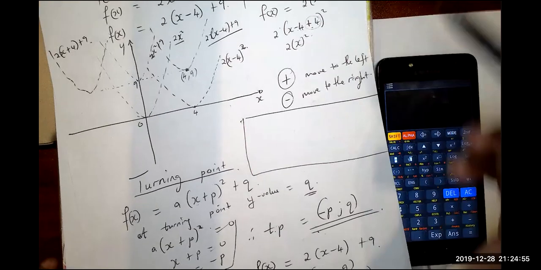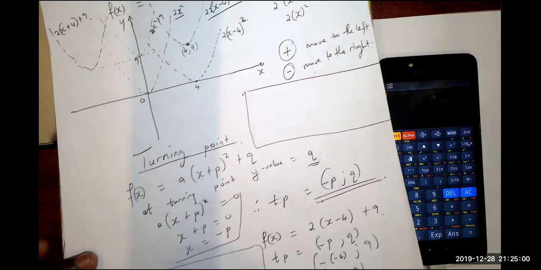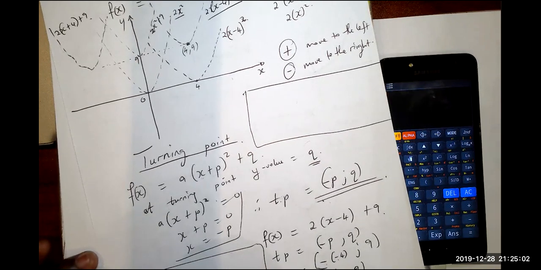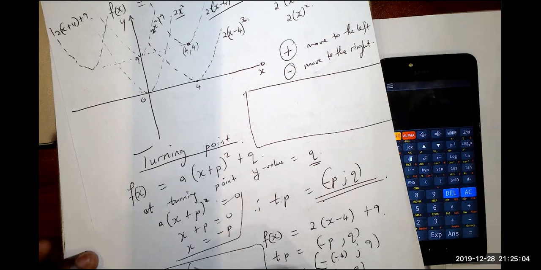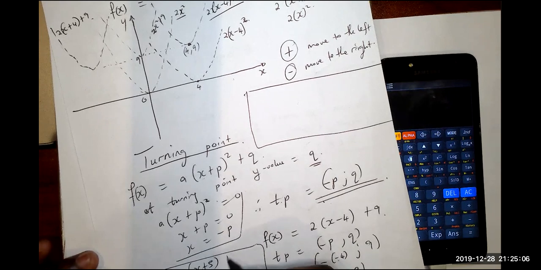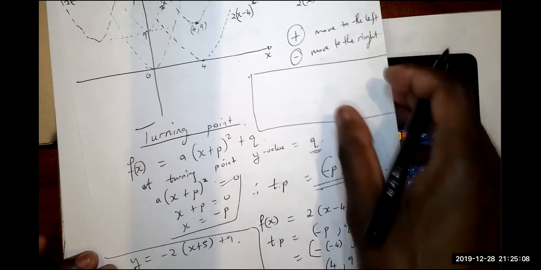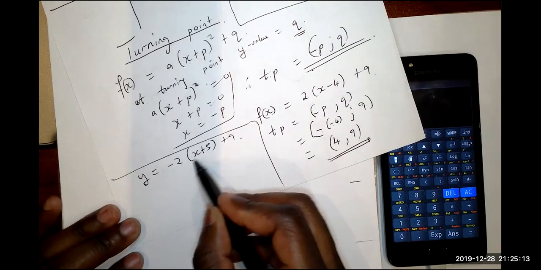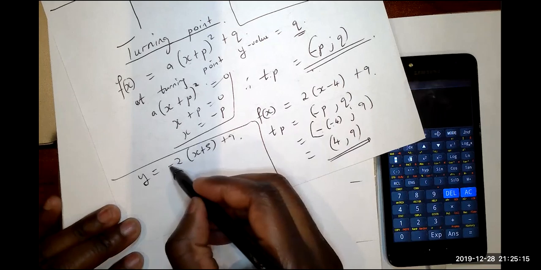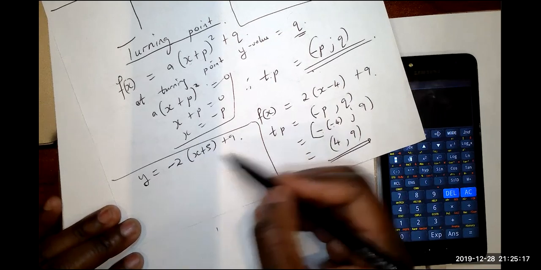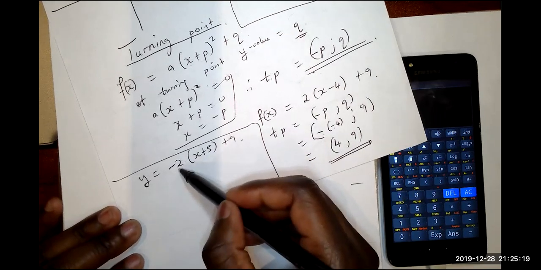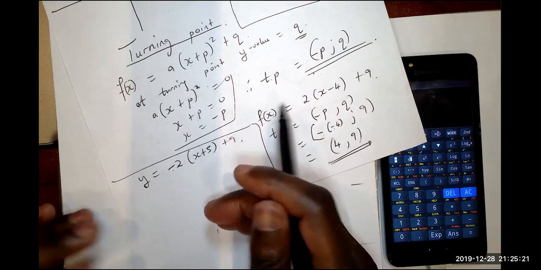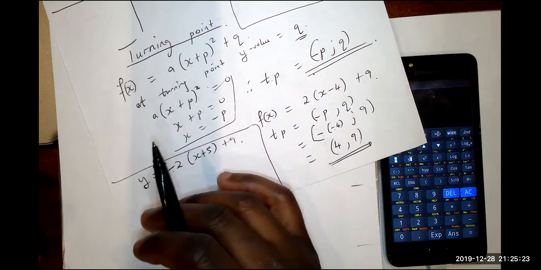So for example, again, even if it's given as y is equal to negative 2x plus 5 plus 9, you don't need to worry here. The negative is only going to show you whether it's going to be a maximum or a minimum.